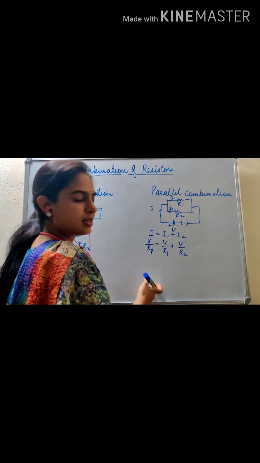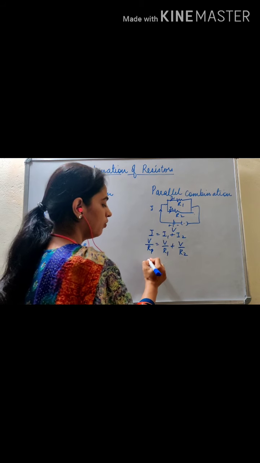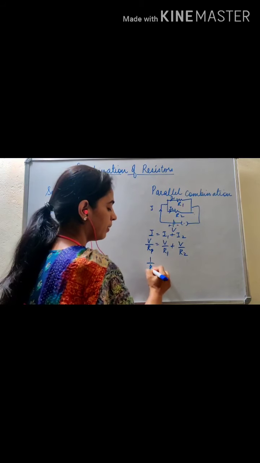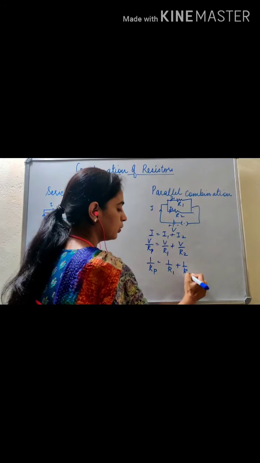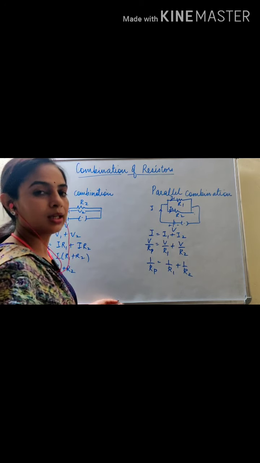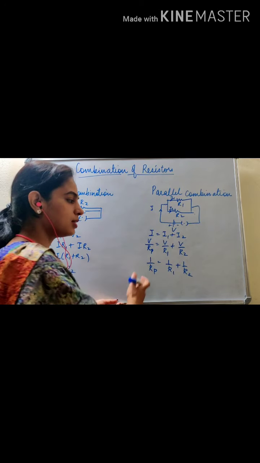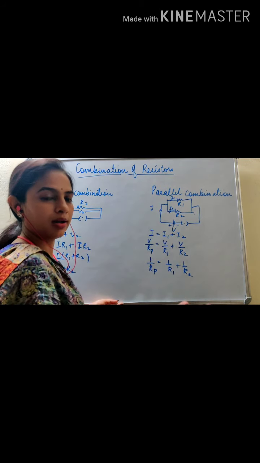I hope this is the kind of revision. All this we studied in class 10. So taking V common, 1 by Rp is equals to 1 by R1 plus 1 by R2. That is the equivalent combination of two resistors connected in parallel. If we have n resistors, then 1 by R1 plus 1 by R2 plus 1 by R3 up to 1 by Rn, like that.